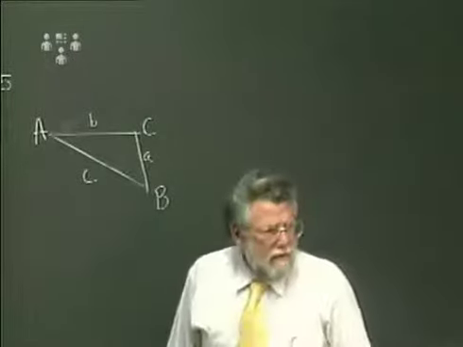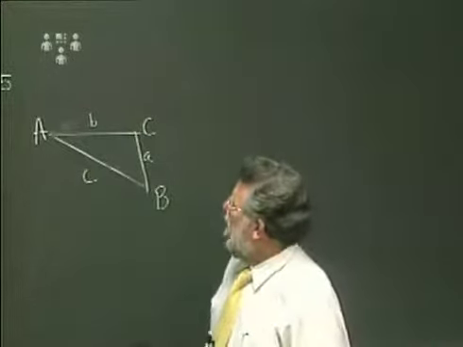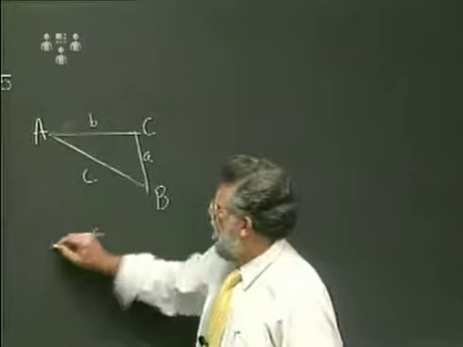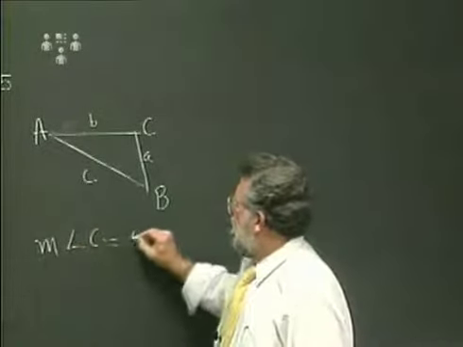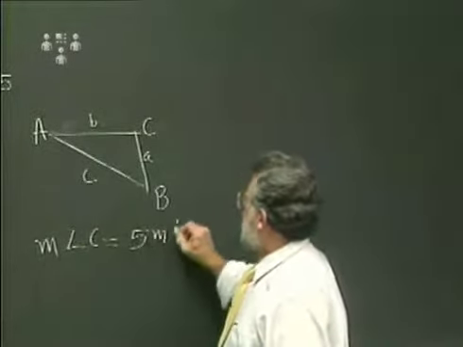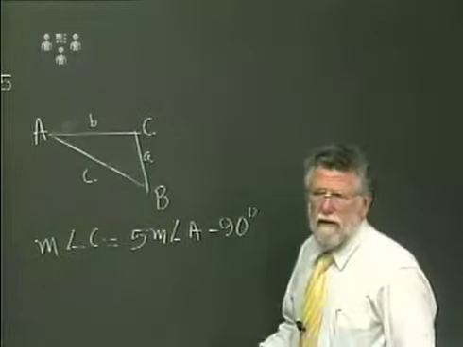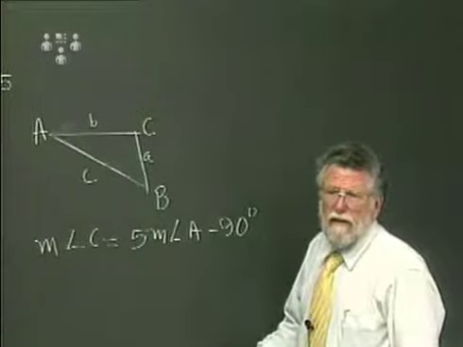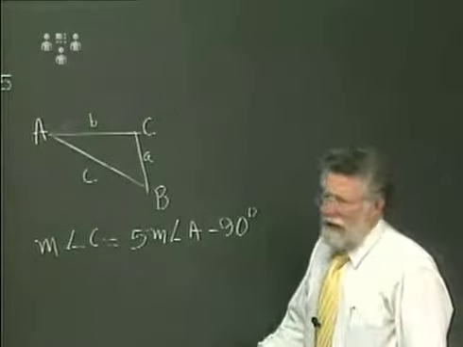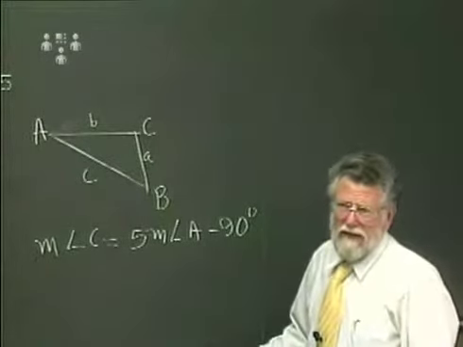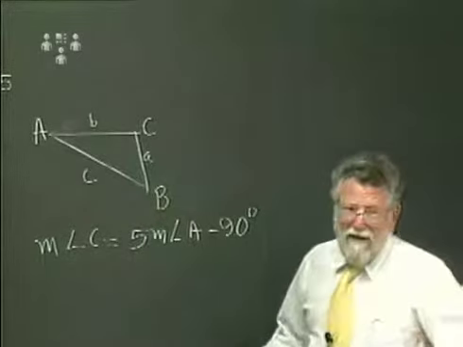Continue. Angle C is 90 degrees less 5 times angle A. Is that what I heard? Now notice, I didn't put the angle, I put the measure of the angle. That's a little bit picky, but it's good geometry.